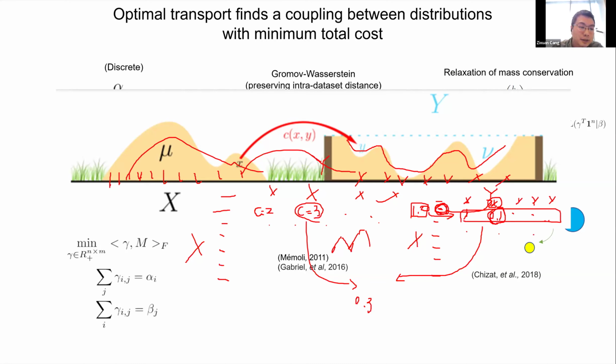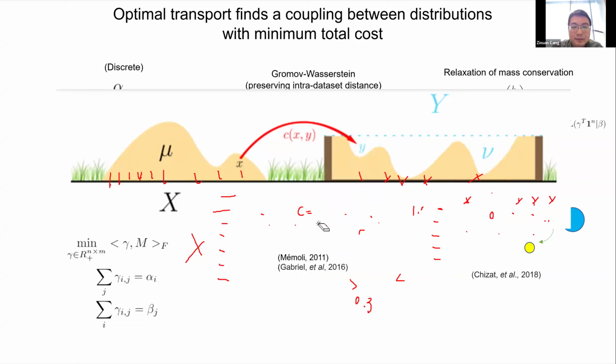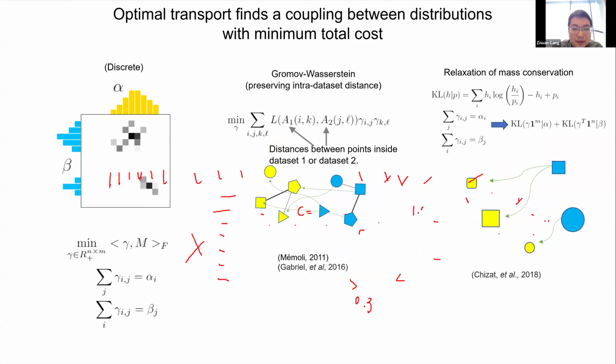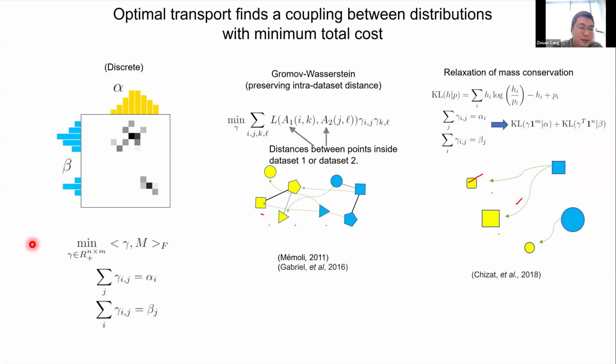Okay. So all these descriptions can be summarized into this basic formulation on the left, okay, where we want to minimize this cost function.